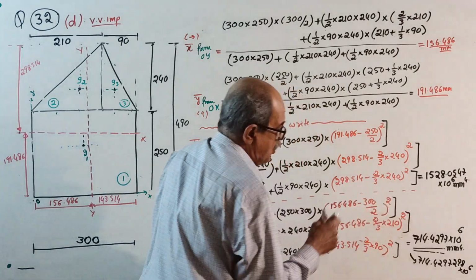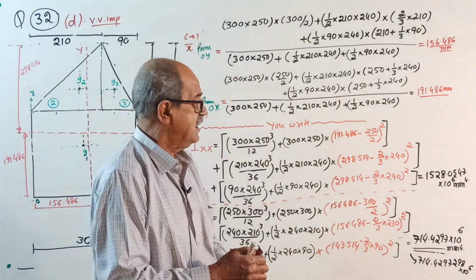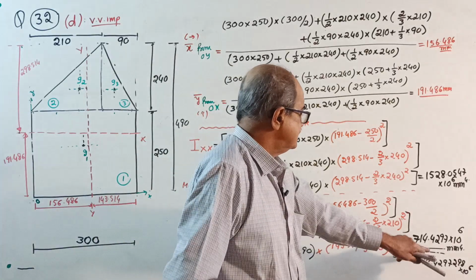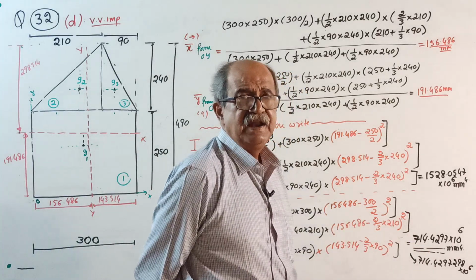This question is very, very important. Triangle will be fully clear now. Calculate, it will come 714.4297 into 10 to the power 6.